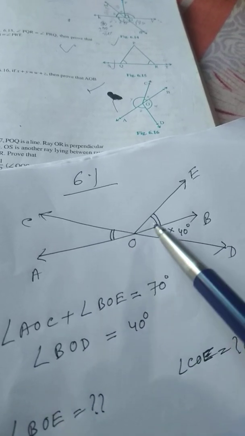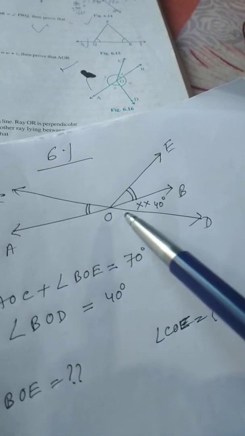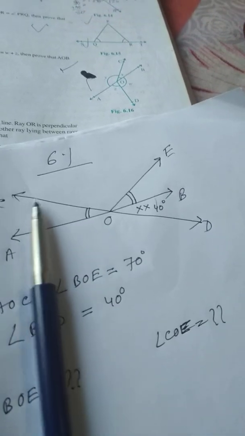That means these two angles together are 70 degrees. And angle BOD, this cross angle, is 40 degrees.